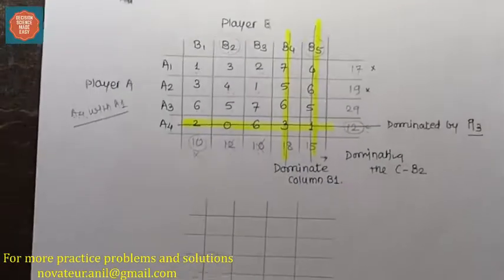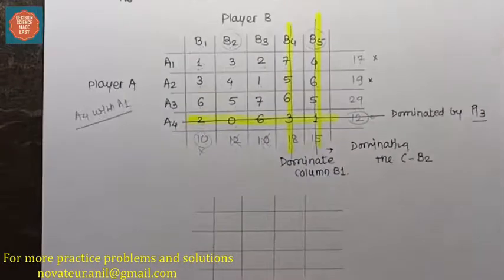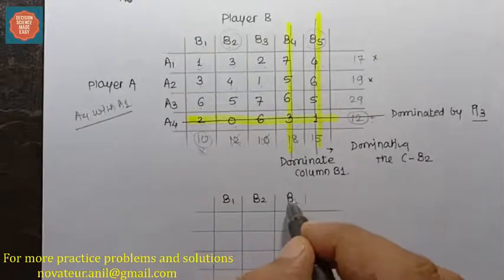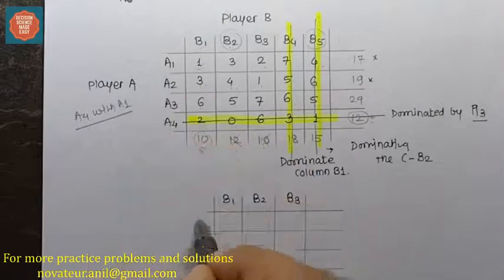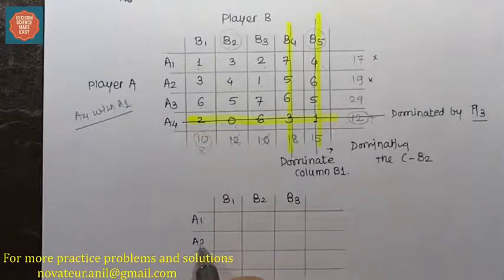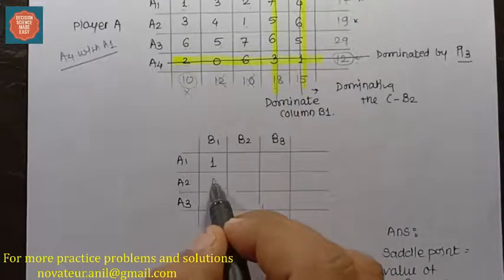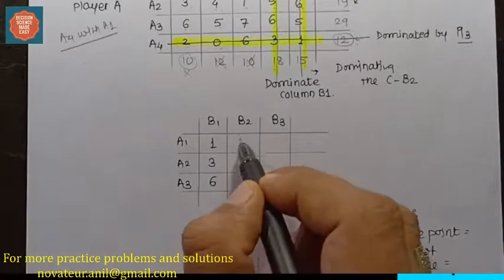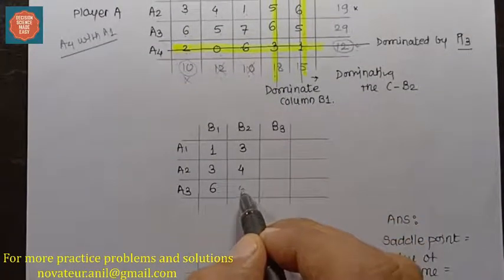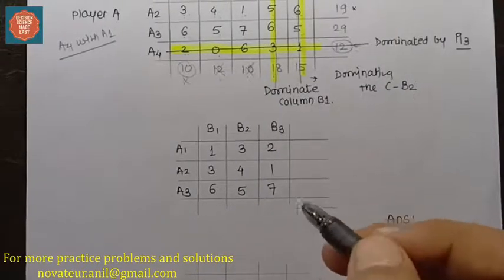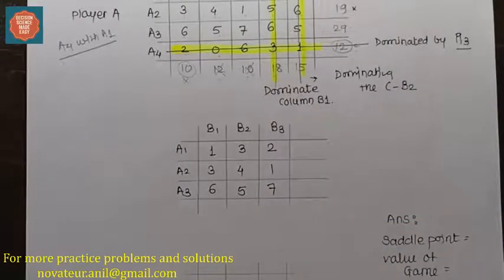So we are going to write down freshly whichever is remaining. What is remaining? b1, b2 and b3 are remaining, and here a1, a2 and a3 are remaining. So whichever is left, I am going to write down freshly so that we can perform the same operations again, because my rule says that we have to continue the same process till we get at least a matrix of 2 by 2 size.